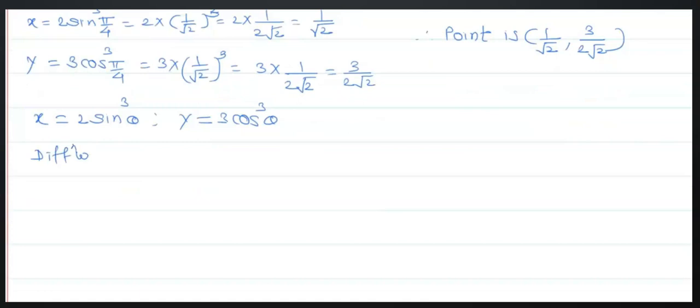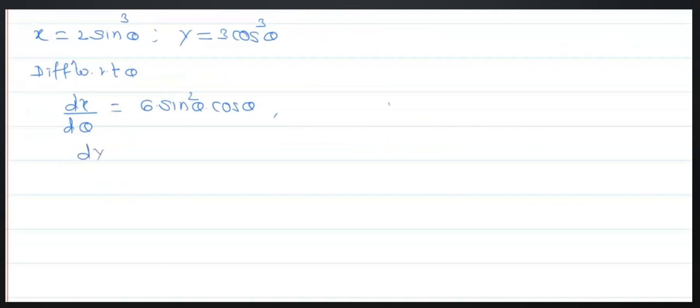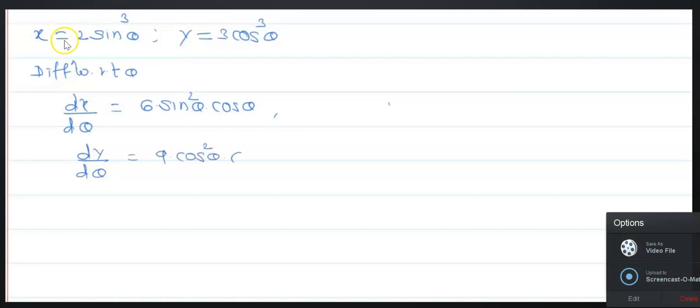Now we'll find the slope of the tangent and normal at the point 1 upon root 2, that is at the point pi by 4. dx upon d theta, this is the parametric differentiation. x is equal to 2 sine cube theta, so you must know that is 6 sine square theta into the derivative of sine theta, which is cos theta.